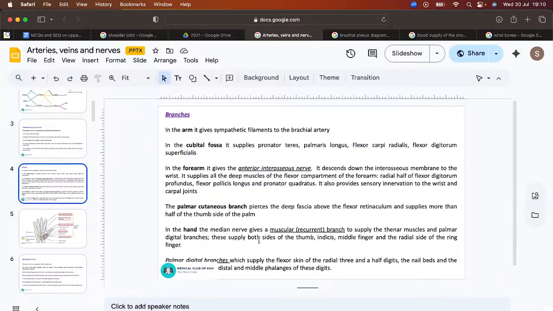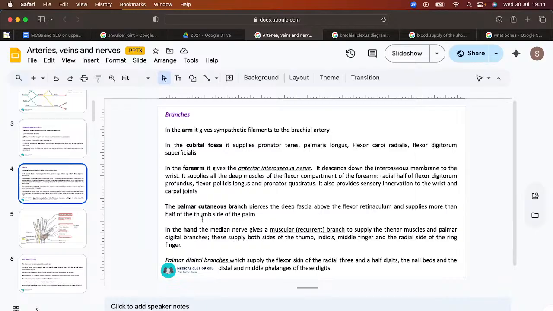So at the hand, the median nerve gives a muscular recurrent branch. It supplies the thenar muscles, and the, what is it called? If someone can help me here, what are the muscles involved in the hand? The 3 thenar muscles and the lumbricals. Okay, the first 2 lumbricals.